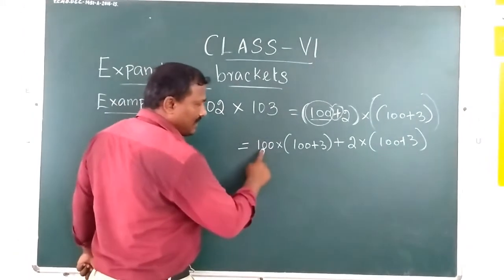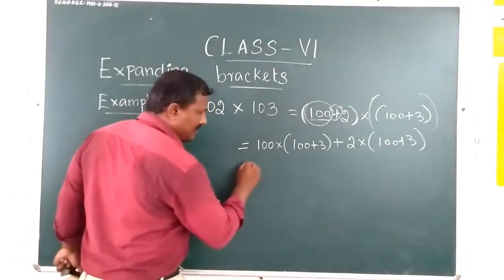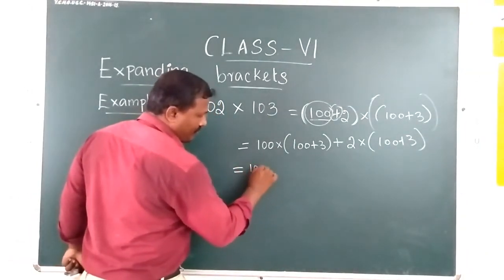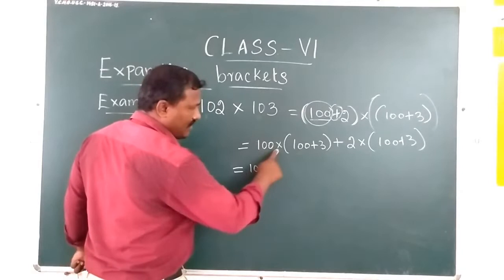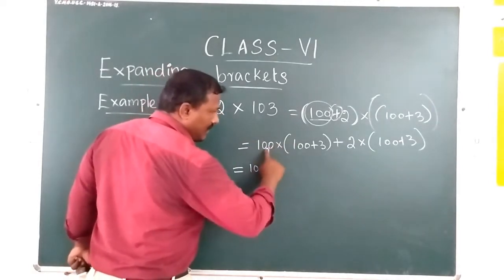First you multiply 100 into 100, 10,000.